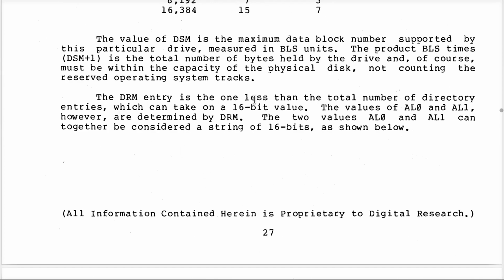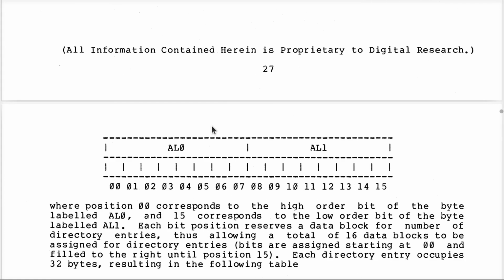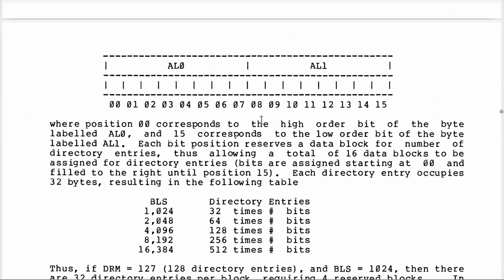The DRM entry is 1 less than the total number of directory entries which can take on a 16-bit value. The values of AL0 and AL1, however, are determined by DRM. The two values can be used together to be considered a string of 16 bits as shown below, and they number them in a wonky sort of way.